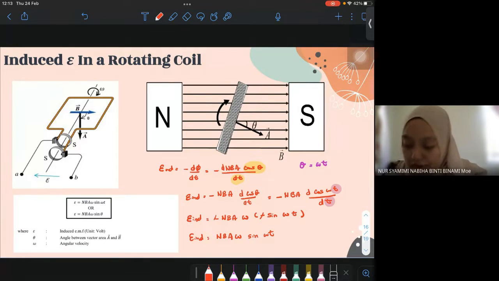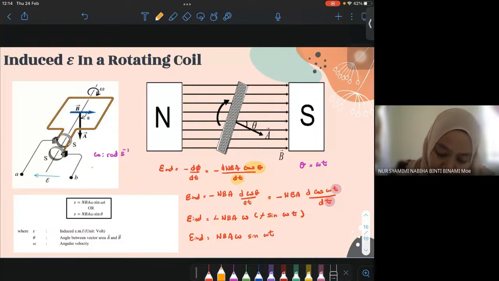Okay. And omega unitnya must be in radian per second. Kalau soalan bagi kamu omega in revolution per minute, kamu kena tukar kepada radian per second, which is times 2 pi divided by 60.